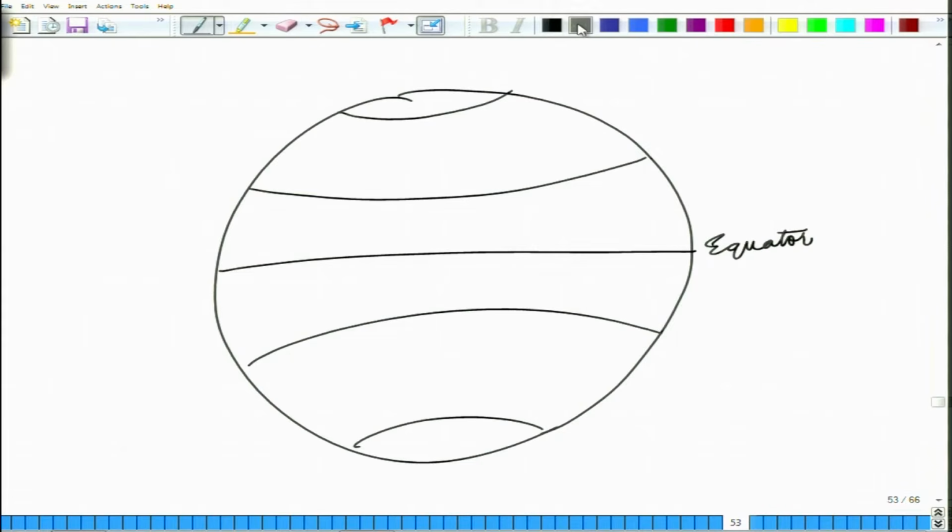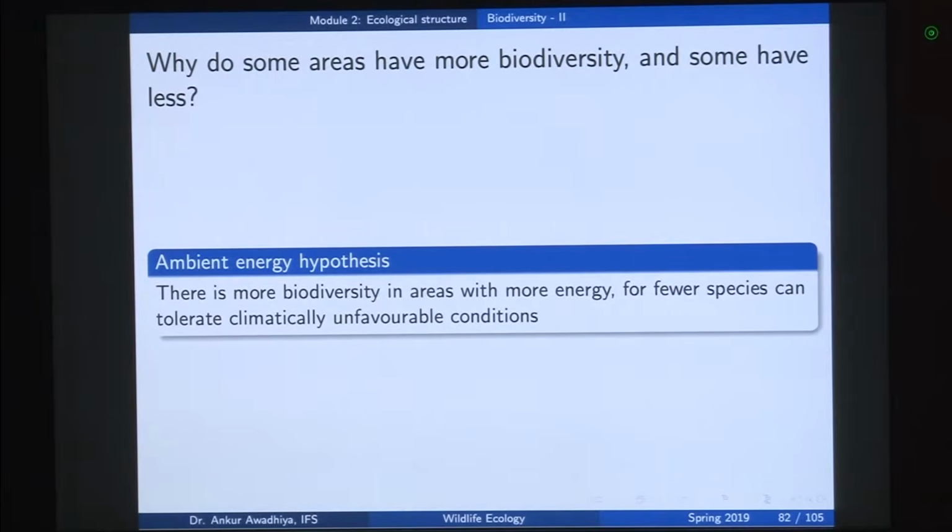Now, if we consider the Arctic or the Antarctic regions, both of these regions get a very little amount of sunlight. So, because of that, not enough energy is available for plants to thrive, and at the same time the temperature is so low that everything is kept frozen. So, it makes sense that we will not have a great amount of biodiversity in these areas.